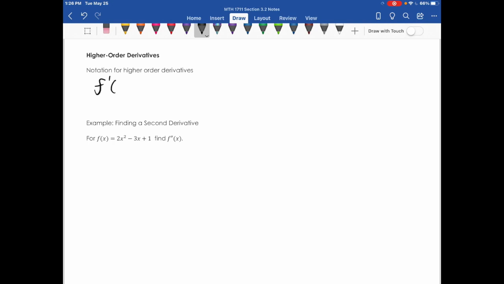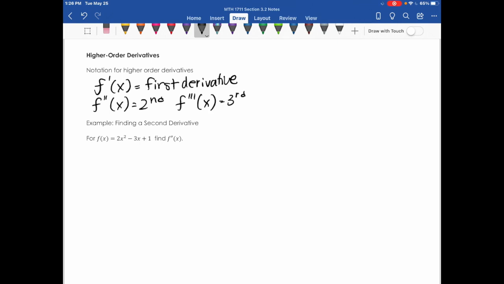Now the notation for these higher order derivatives looks like this. So we said f prime is the first derivative. But we can also put more of those little slashes up there and make it look like double prime for the second derivative. And we can do triple prime for the third derivative.